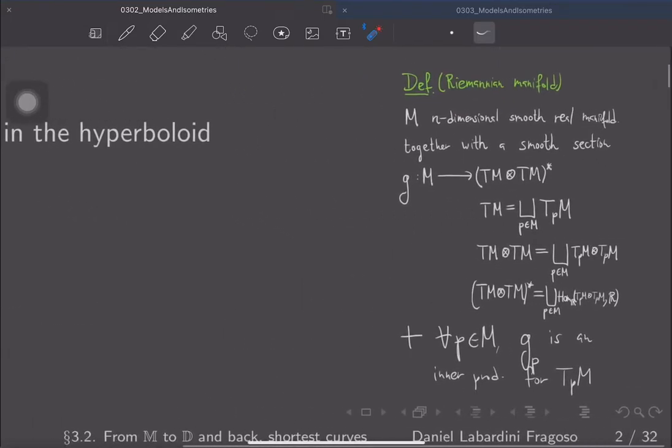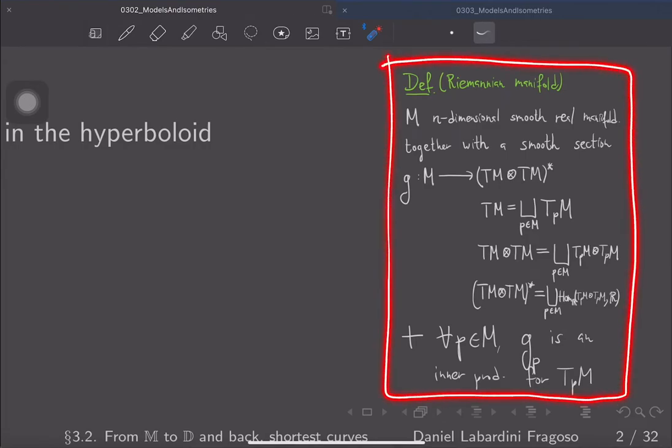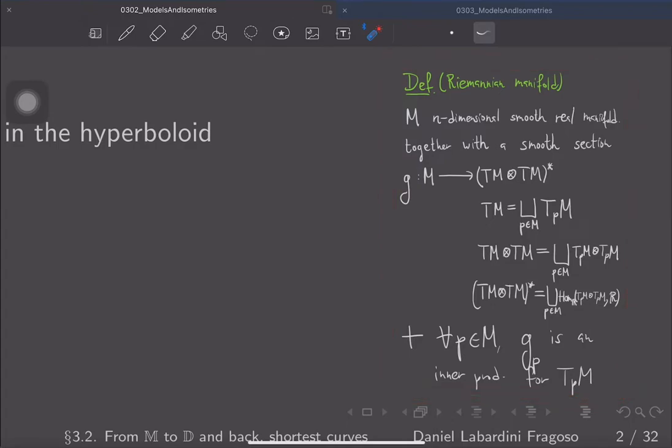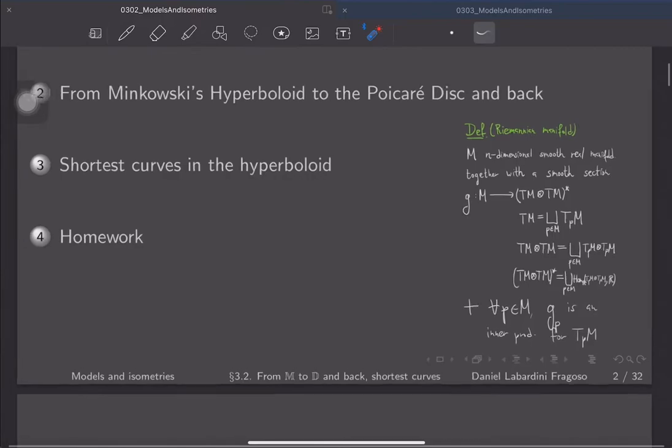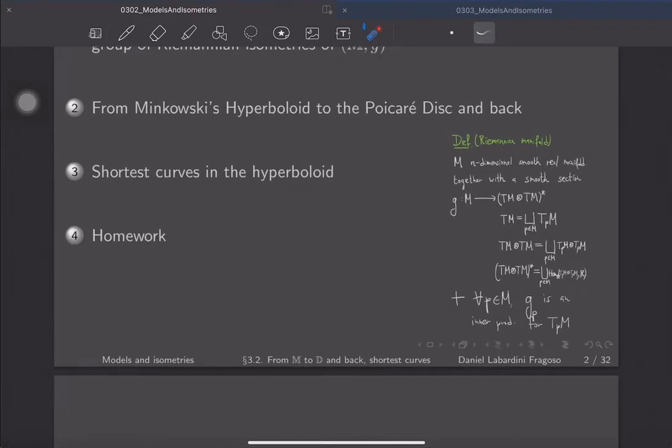Last time the class actually started with a very rough review of the formal definition of a Riemannian manifold, although I didn't really go into too much detail.